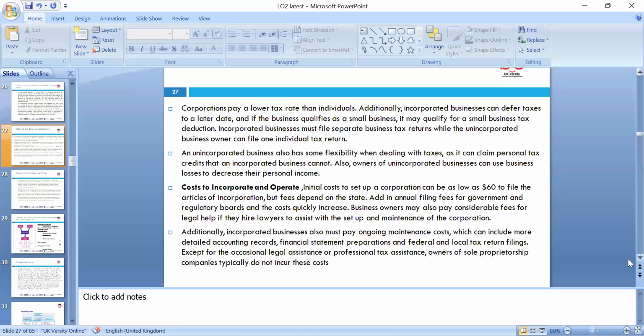The business owner may also pay considerable fees for legal help, hiring a lawyer to assist with setting up and maintaining the corporation. Additionally, incorporated businesses pay ongoing maintenance costs, including accounting records, financial statement preparation, tax return filing, legal assistance, and professional tax assistance. Sole proprietors typically don't incur these costs.